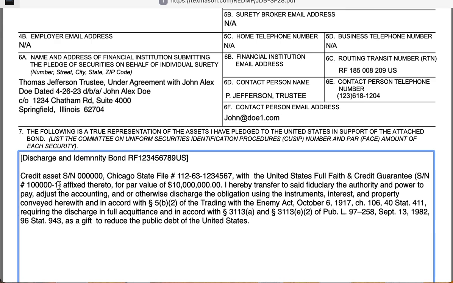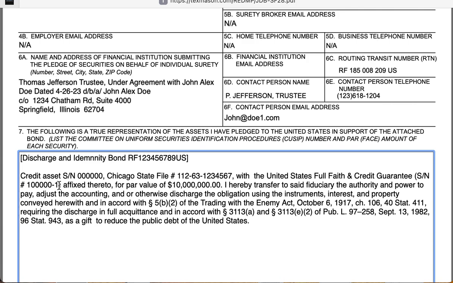So those are serial numbers. And the thing to pay attention to is that certificate is the United States putting their full faith and credit guarantee on the asset that they put it on, or the document, or whatever.